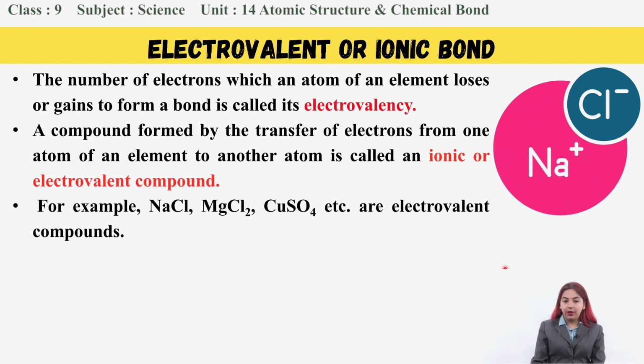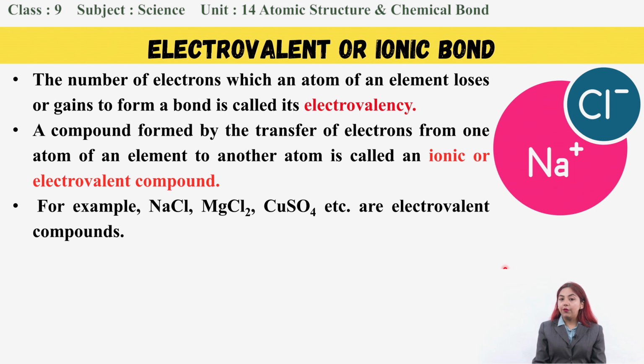For example, we already studied sodium chloride. Similarly, in magnesium chloride, magnesium donates its 2 electrons in its outermost orbit to 2 different chlorine atoms to form an electrovalent compound. Similarly, copper also donates its electrons to the sulfate to form an electrovalent compound.